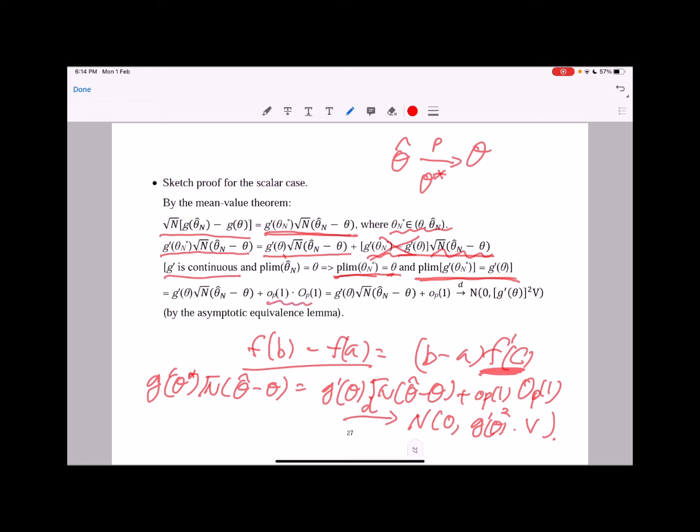Because this guy will disappear, and this is just a constant, right? This is not random, so of course a normal distribution times a constant just remains a normal distribution with the square of the constant times its variance. Because let's say X is normally distributed, then aX is normal with variance a squared V. So it's actually very straightforward.